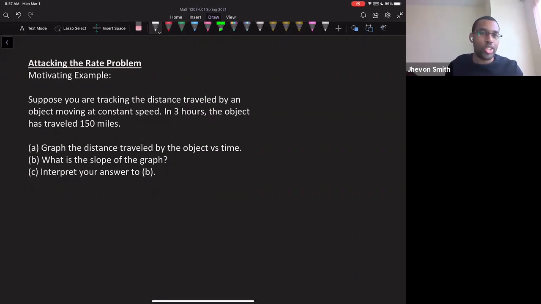And we can do that by tracking the distance that it's traveled over some time. So something is moving, I don't know how fast. What I can do is I can track it in the following way. So that's what we're going to do now. We are going to graph the distance the object traveled over time. So measuring this object, and I had nothing to do with my day, so I'm literally watching this thing for 3 hours, right?